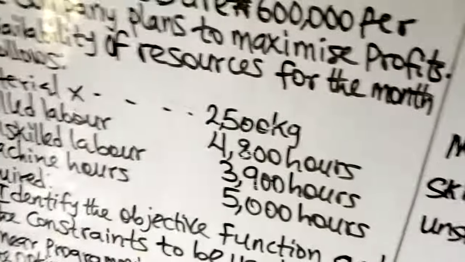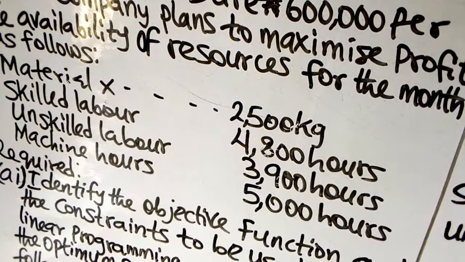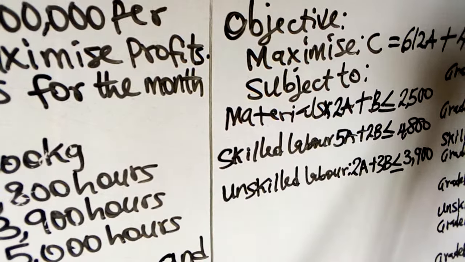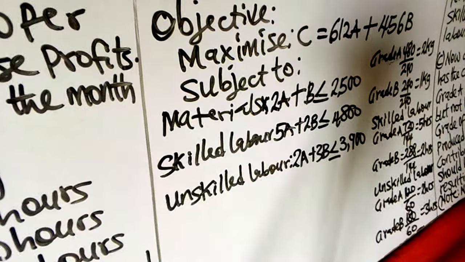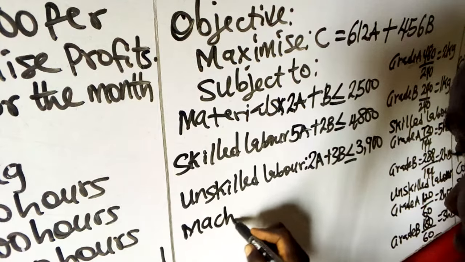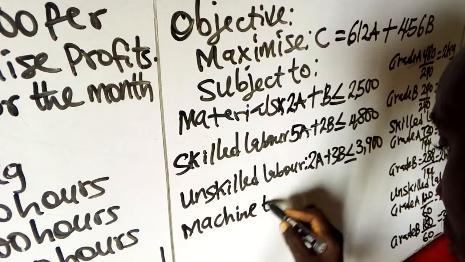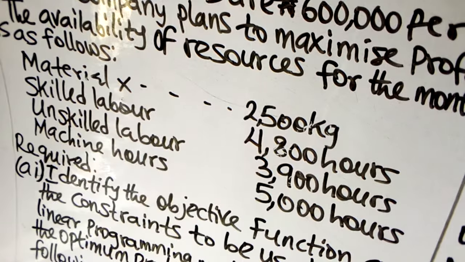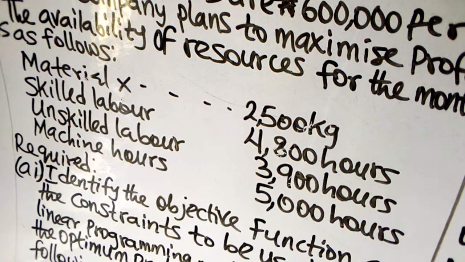The fourth limitation we have is machine hours. Machine time is the fourth limitation. The maximum machine time available is 5,000 hours.